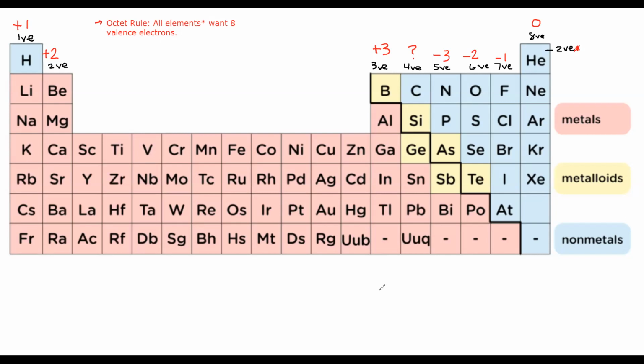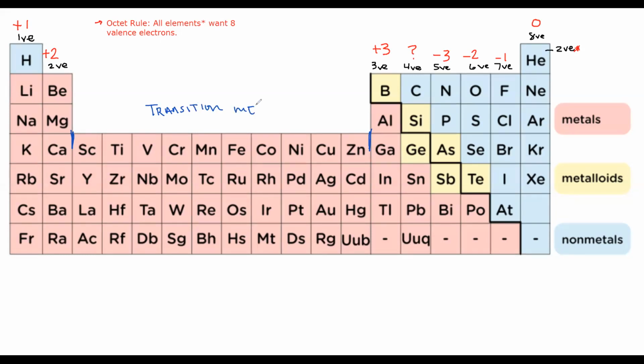So the last thing I want to do here is talk a little bit more about some of our transition metals, which, remember, start at group 3 and go all the way to group 12. So anything from group 3 to 12 will be our transition metals.